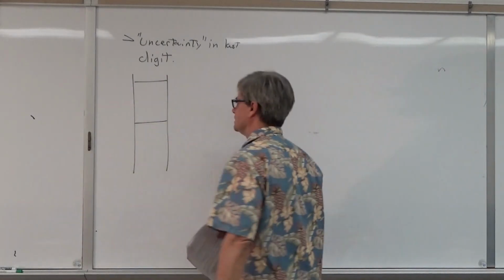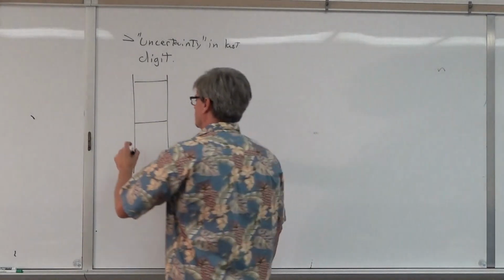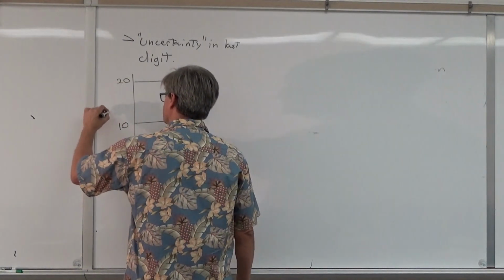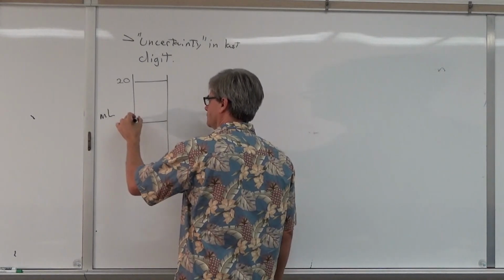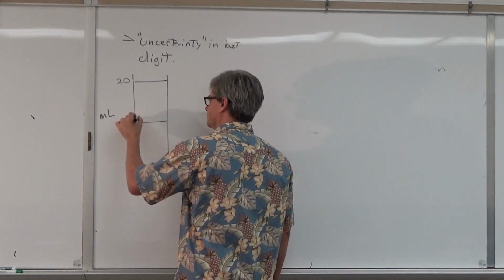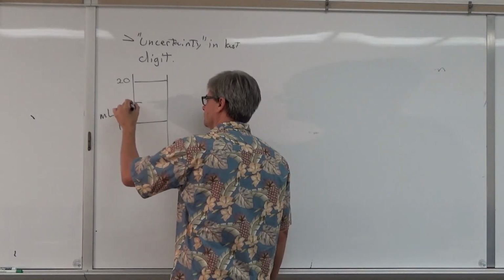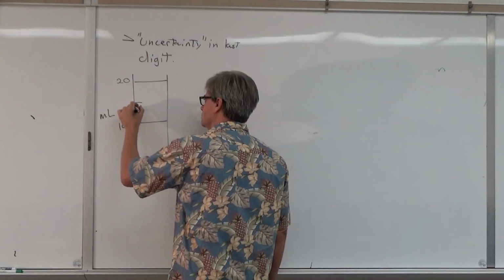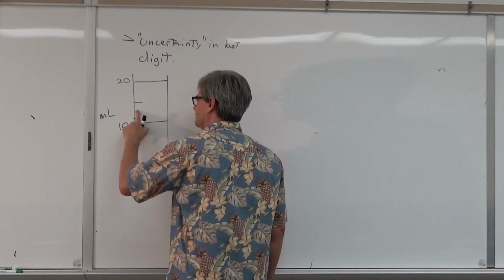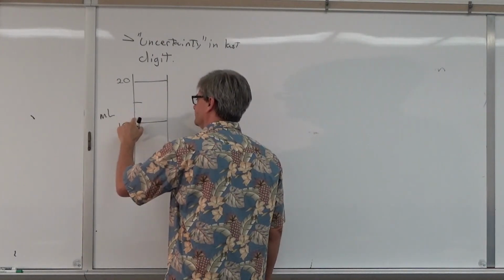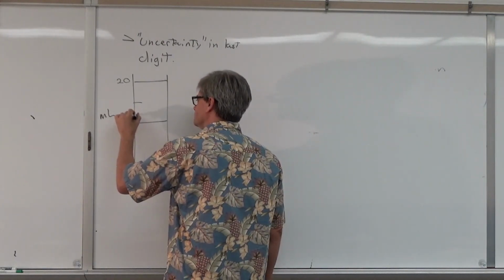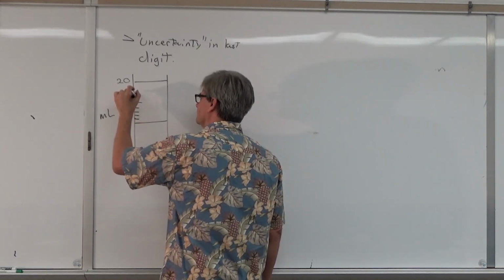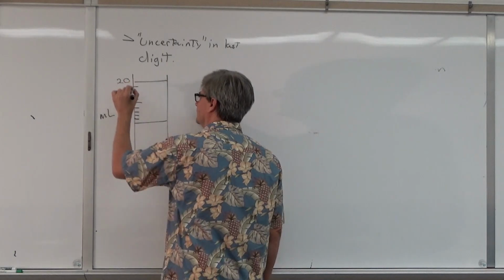There's like, say, your main striations. Let's call this 10, and then this is 20, and this is milliliters. Okay, and then let's see if I can figure this out correctly. That would be 5. I knew I was going to blow it. So 1, 2, 3, 4, 6, 7, 8, 9.